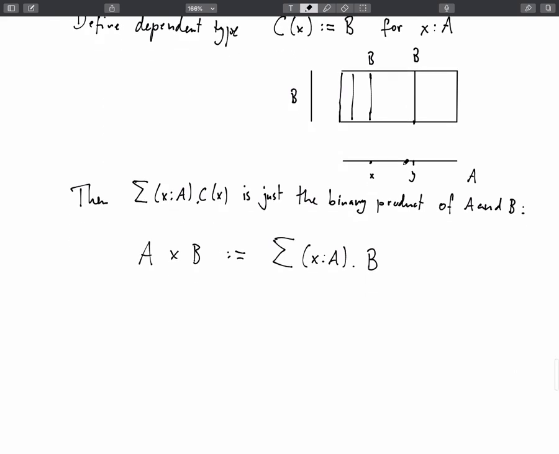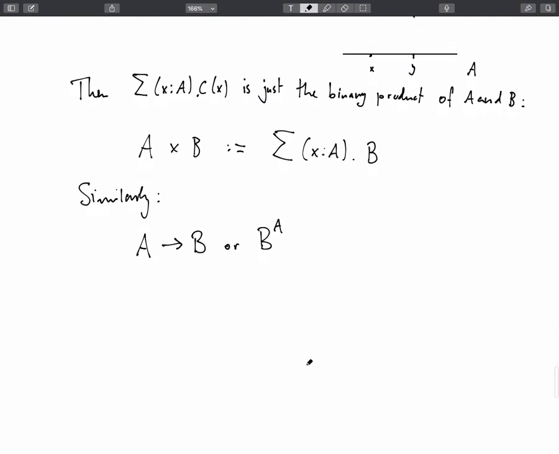Okay, so what do we get if we calculate the pi of this? Well then, what is a section of a trivial fibration like that? It's just the same thing as a function from A to B, because at every point in A you pick a point in B, so it's a section. Okay, so then we have similarly, if we form this, I will write it like this, A arrow B, and another notation will also be B to the A. I might use both, but I think I'll prefer the first one.